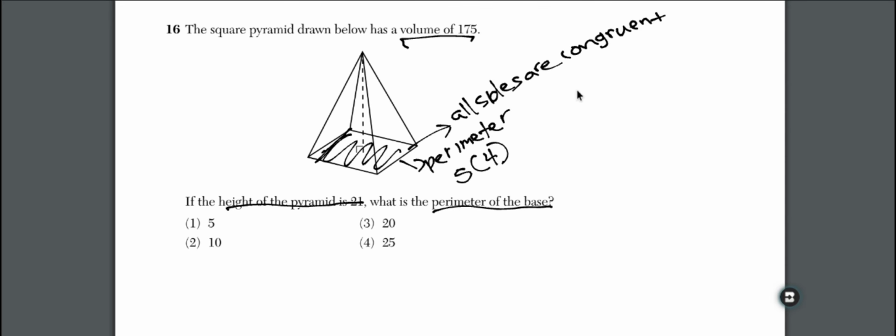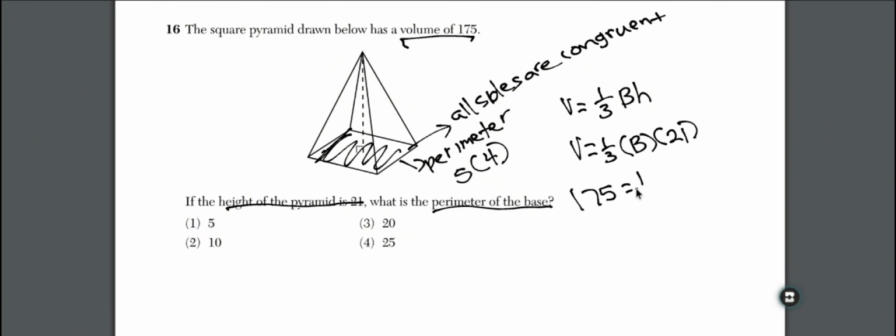So how do I find the measurement of my side? Well, I know that the formula for a pyramid is V equals 1/3 base times height. So it's going to be V equals 1/3. I don't know my base, but I know my height to be 21. I know my volume is 175. And when I do that, I have 175 equals 7b.